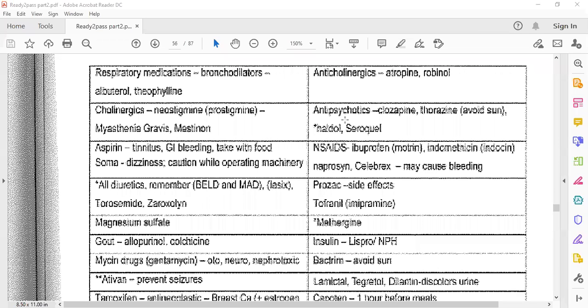D is for distension or retention of urine, and dizziness, right? All are common side effects of antipsychotics.